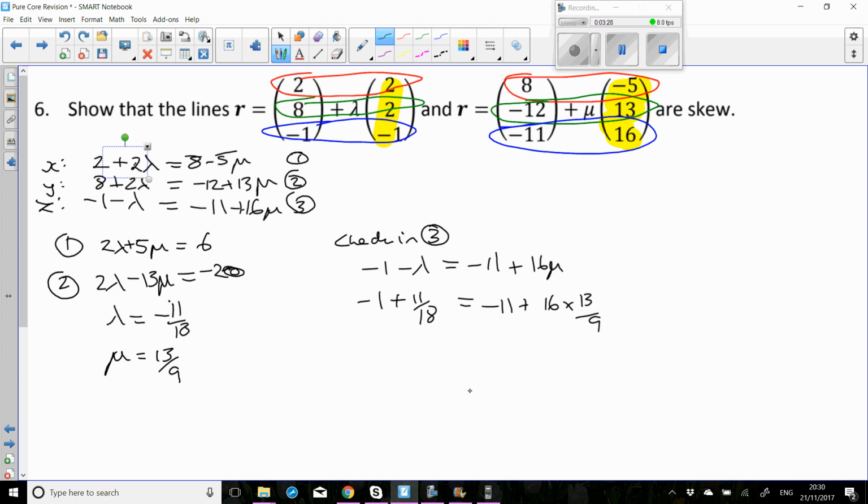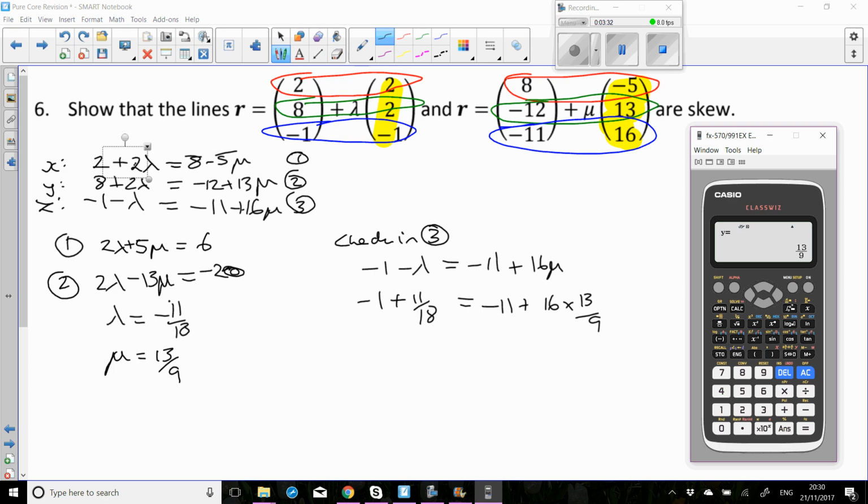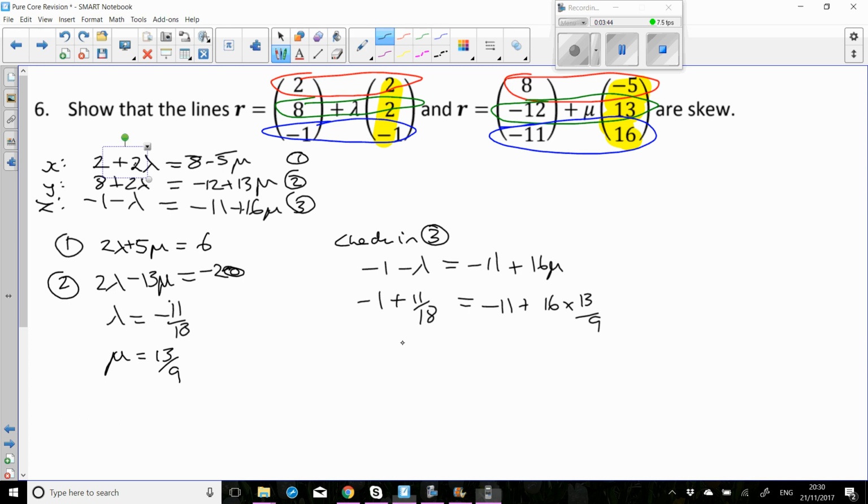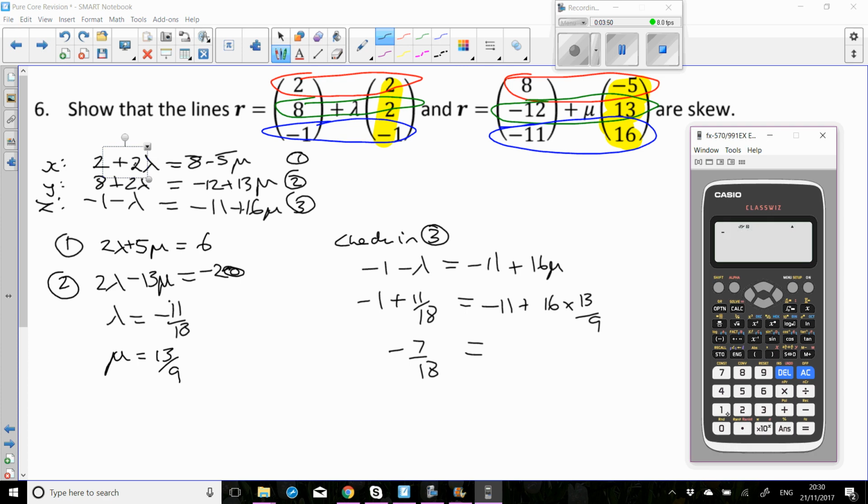Right, you can then just check what they are if you want to on your calculator. Probably could have worked that one out in my head.